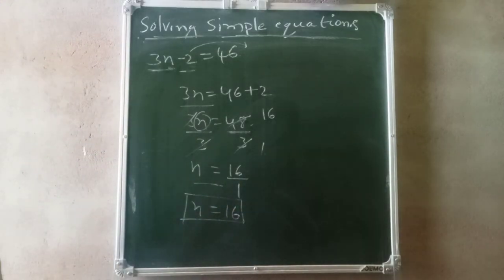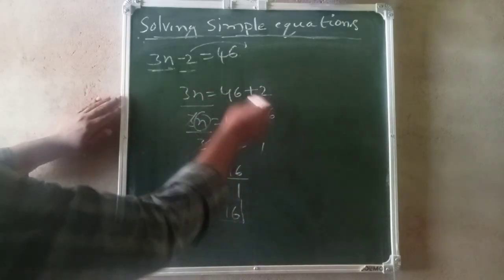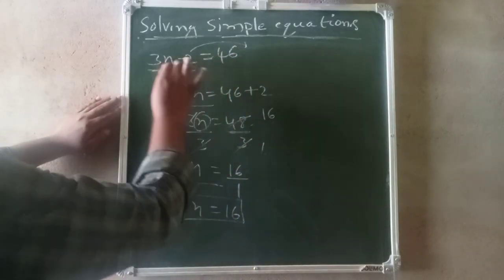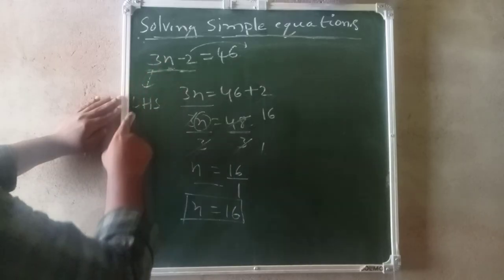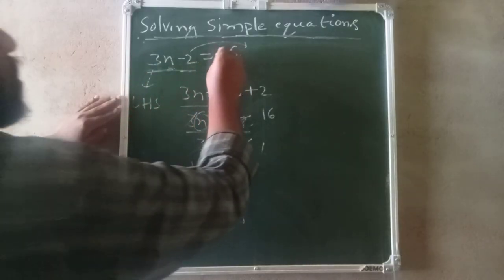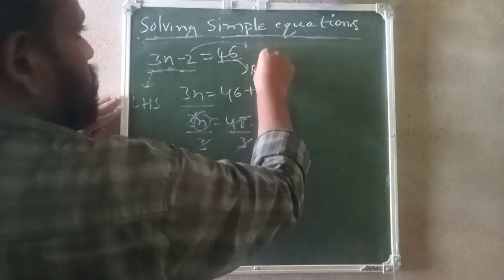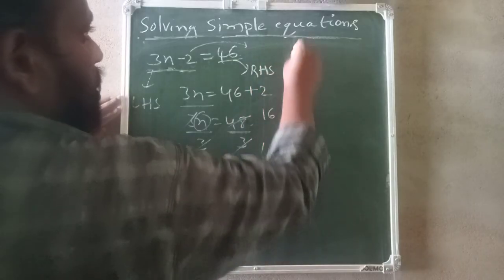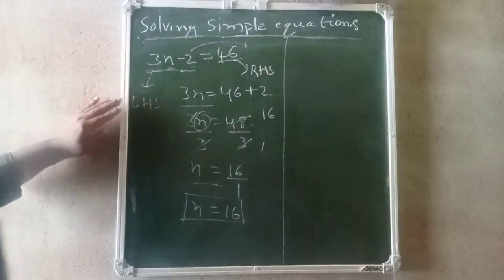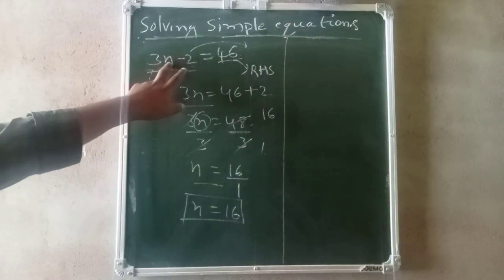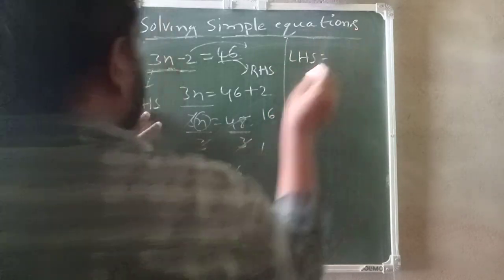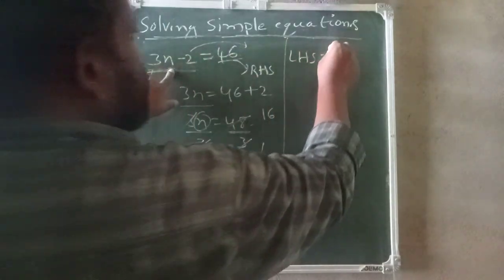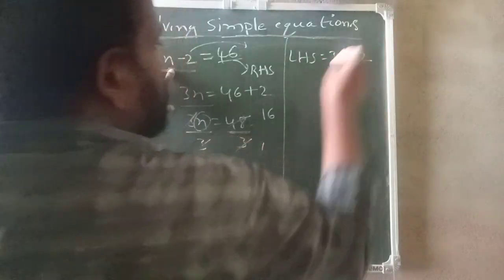So next we will check whether this answer is correct or not. Before this equal sign, whatever is there, this is LHS, left hand side. After the equal sign, whatever is there, that is RHS, right hand side. Now check, see, variable n is present on LHS, so I will take LHS is equal to, this entire thing is LHS, so 3n minus 2 I will write.